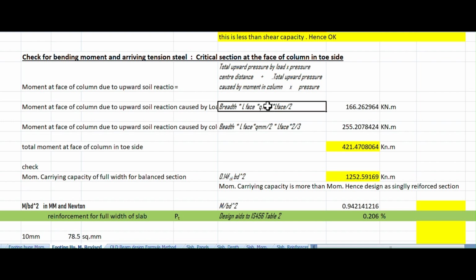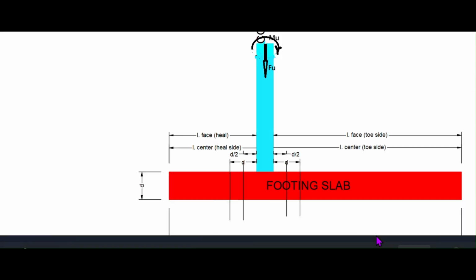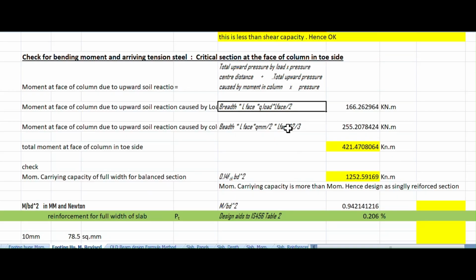This is a constant load, Q load into that distance by 2. The total distance by 2 means L face by 2. Applying this value, it comes like this.